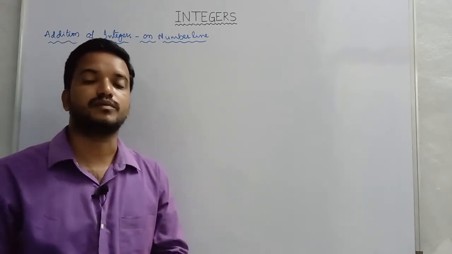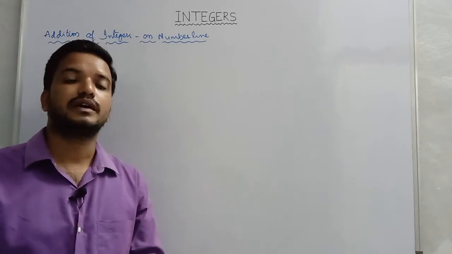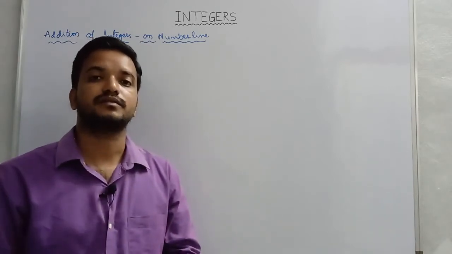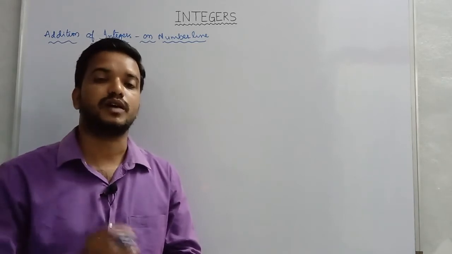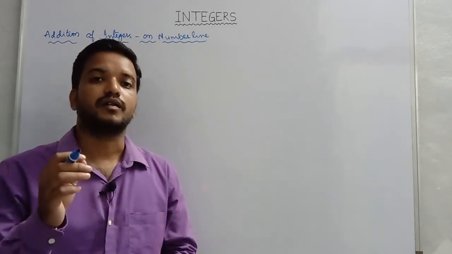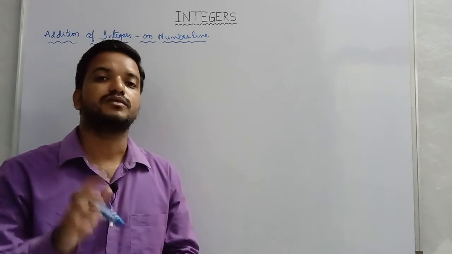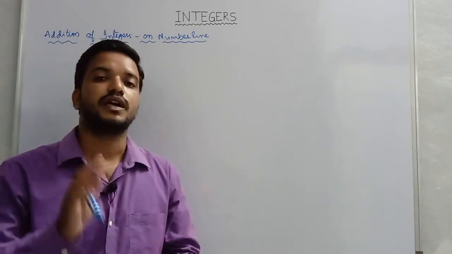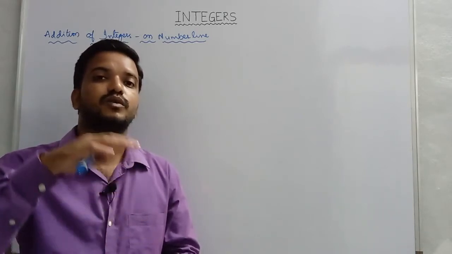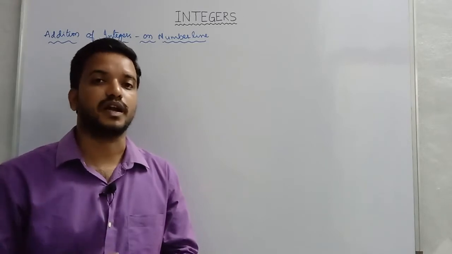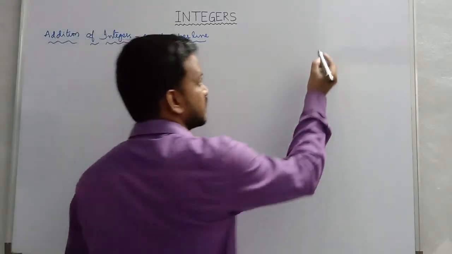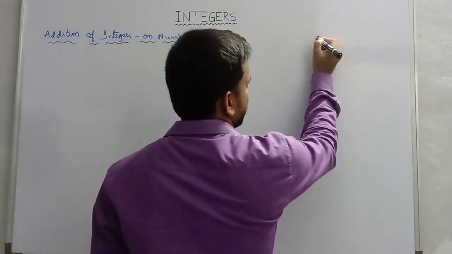And previously we observed when we move right direction on number line, the values are increasing. So that is the key point we have to remember. In order to add two values, in general we have to move right direction on number line. Okay, so this is the fundamental, the basic point.